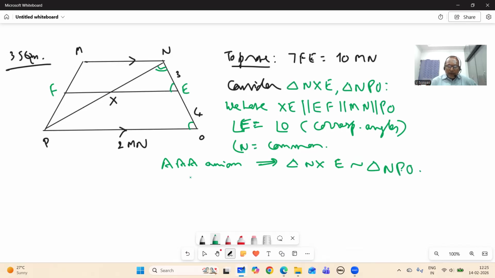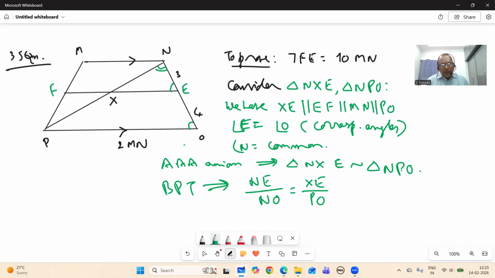So we can apply the basic proportionality theorem. It implies that NE by NO is equal to XE by PO.